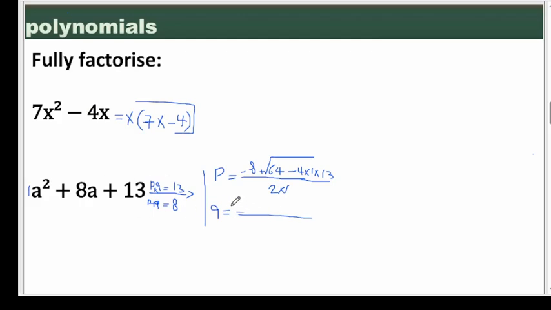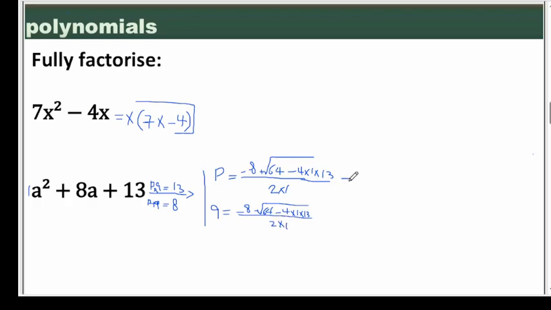For Q, I write this formula. Negative coefficient of a is 8. But this time, only this time, it would be negative square root of 8 to the power of 2, 64, minus 4 times 1 times 13, over 2 times 1.